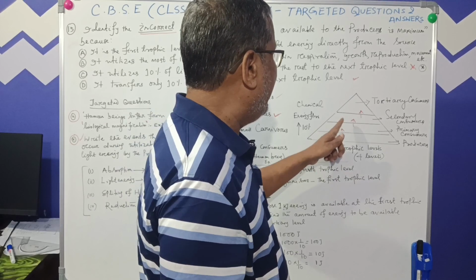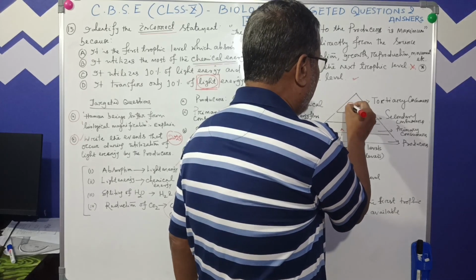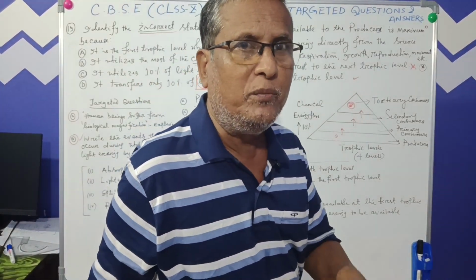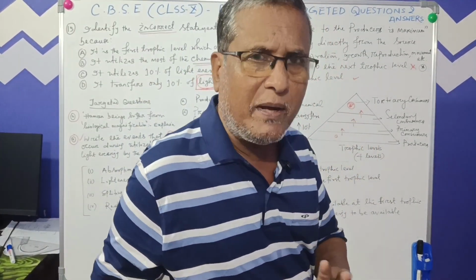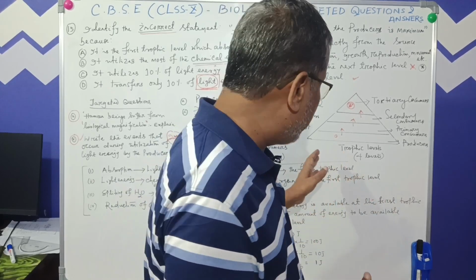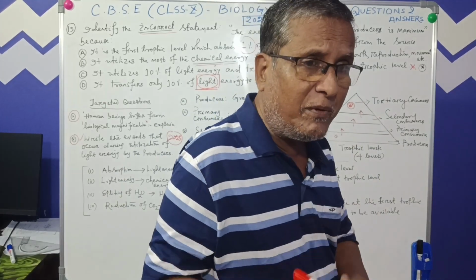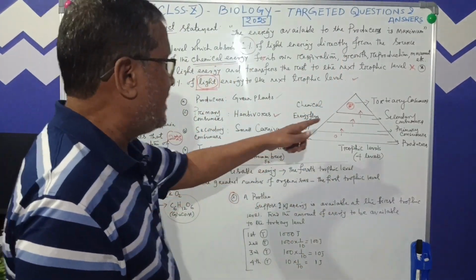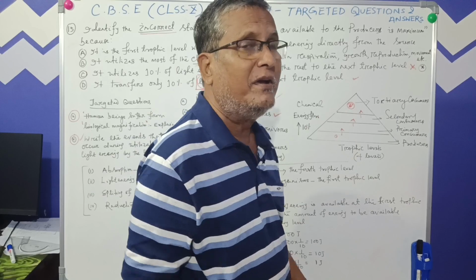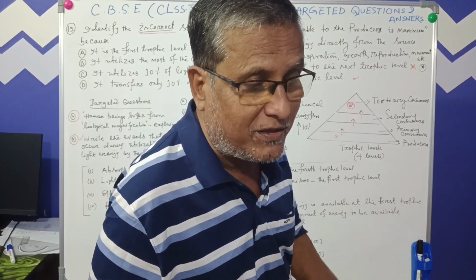Then finally it is transferred, and these chemicals are deposited, and the concentration is more at the top level, where human beings are. So these harmful chemical substances, pesticides, etc., are deposited at the top level where human beings lie. This phenomenon, the deposition or concentration of these harmful chemical substances, is called biological magnification.